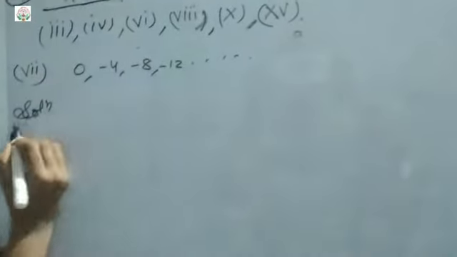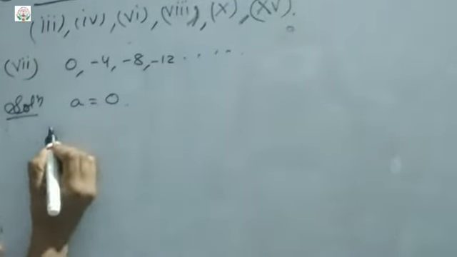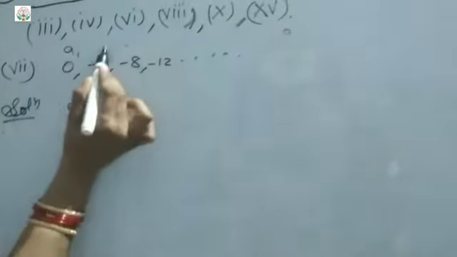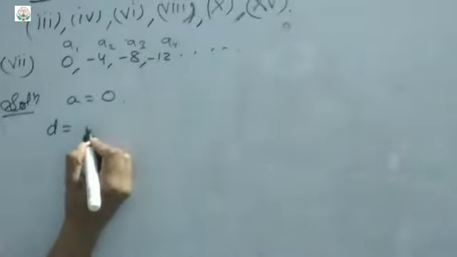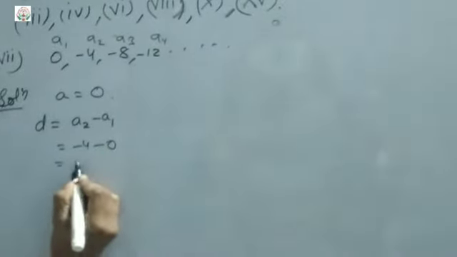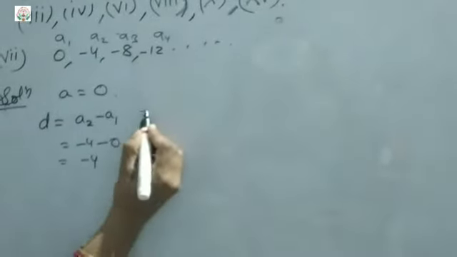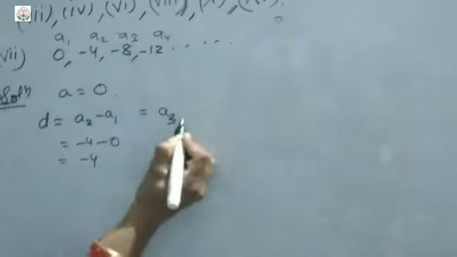So first again same way solution will be what? A equals to 0 first term. Okay, and then this is also in A1, A2, A3, A4 likewise. So the common difference will be A2 minus A1, which is equals to minus 4 minus 0, minus 4.